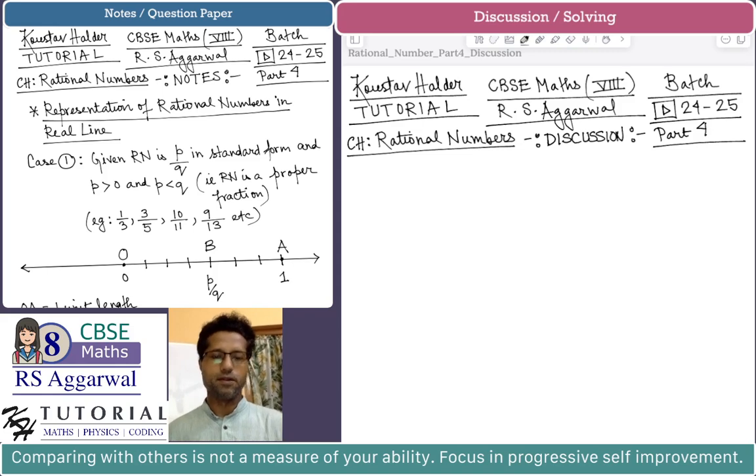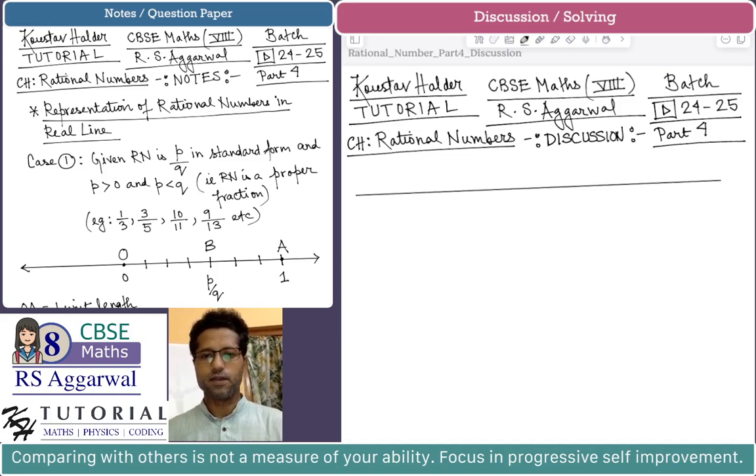You have already studied in your previous classes how to represent integers on the number line. You know this is the number line. It's a straight line with two arrowheads on either end, meaning the straight line stretches infinitely on both sides, and somewhere in the middle you have the point.